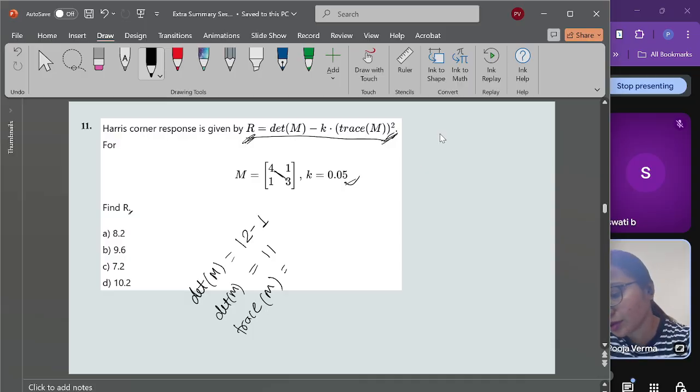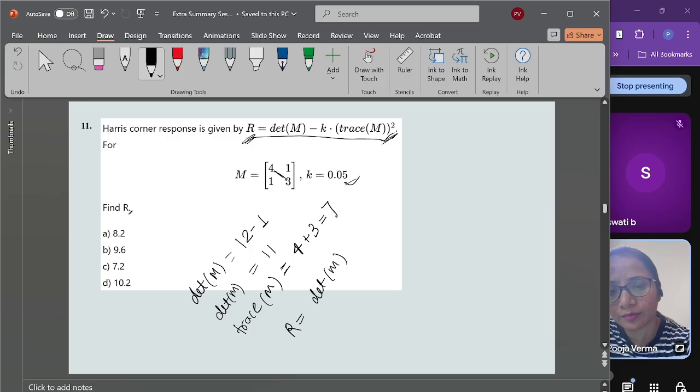The trace of the matrix is the sum of the diagonal values, so 4 plus 3. The trace of M is 7. Now put it in this equation: R equals determinant of M minus K times trace of M whole squared. The determinant we have calculated is 11, K is given as 0.05, and the trace is 7 squared.